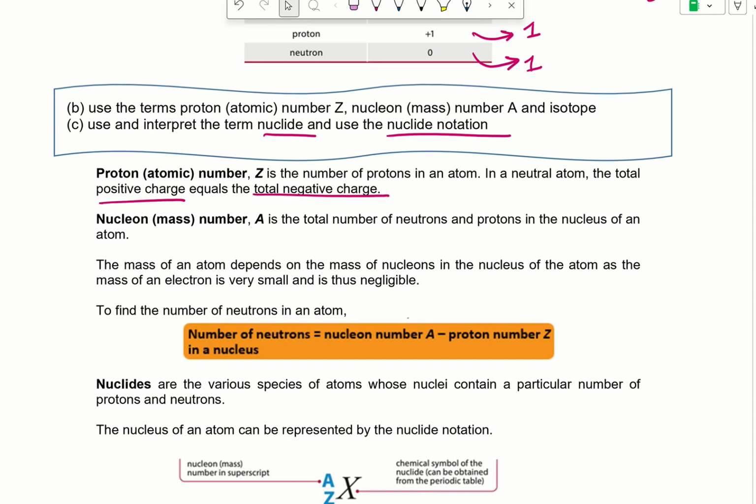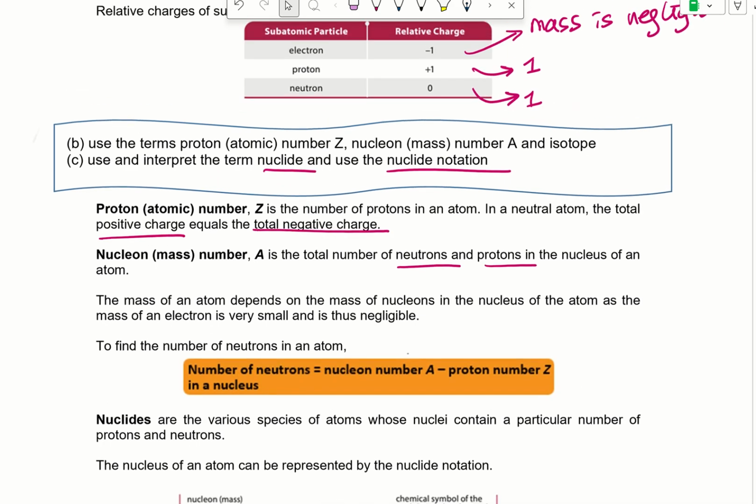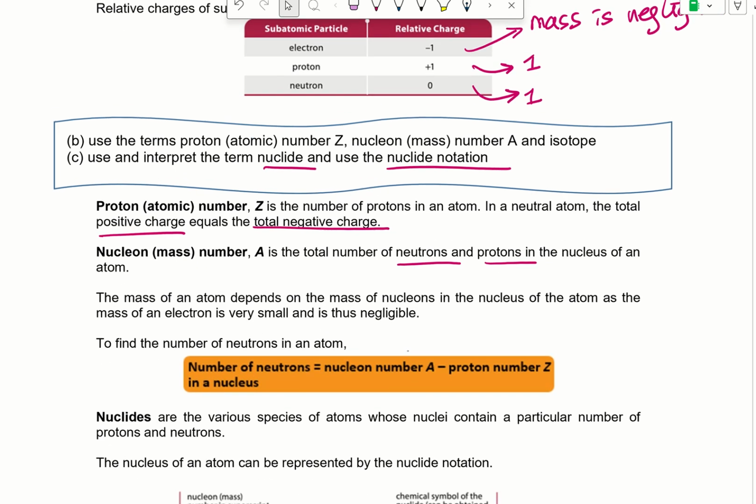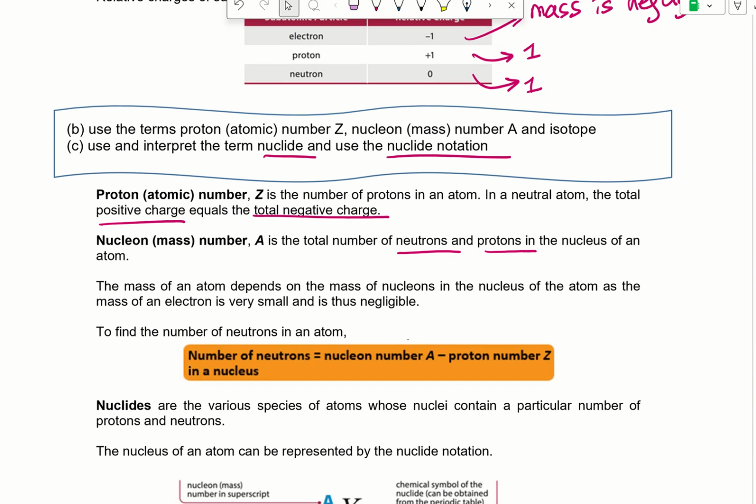Now, nucleon number is the total number of neutrons and protons, because just now I told you that proton and neutron have mass. If we assign a mass of 1 to proton and a mass of 1 to neutron, I can add up their mass and I will get the nucleon or the mass number.